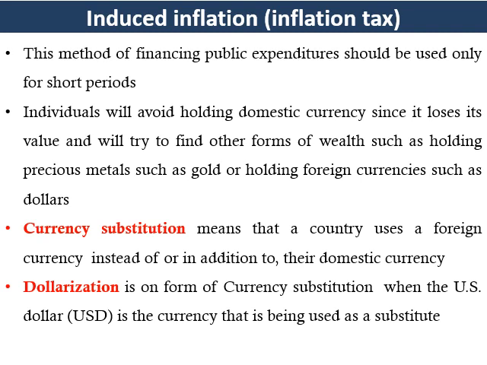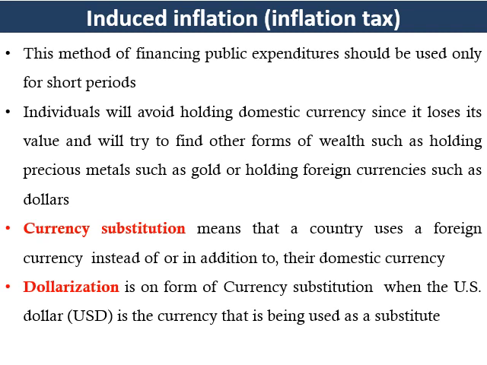Because if inflation continues for long periods, individuals will avoid holding domestic currency because it loses its value, and they will try to find other forms of wealth, such as holding precious metals such as gold, or sometimes they will tend to hold foreign currencies such as dollar.